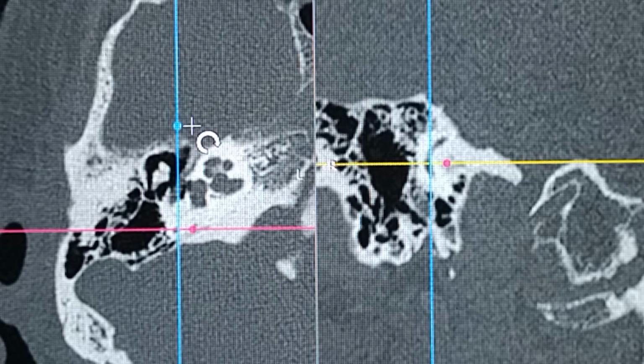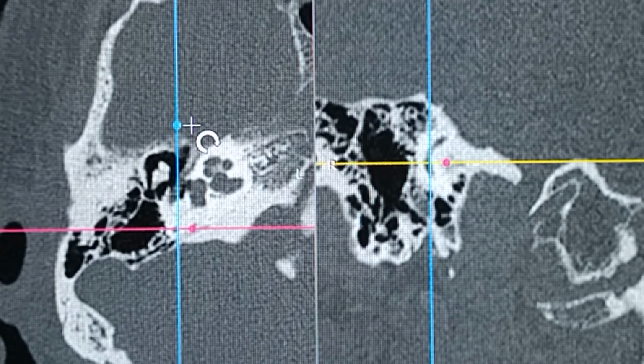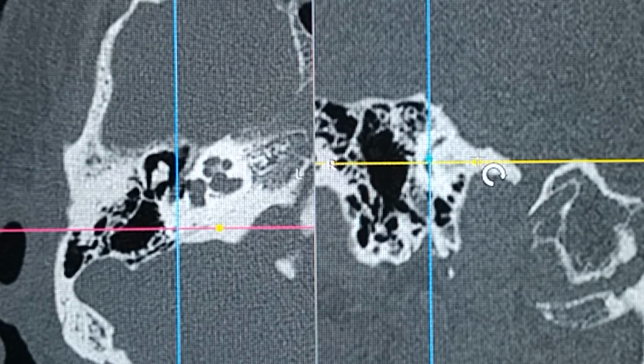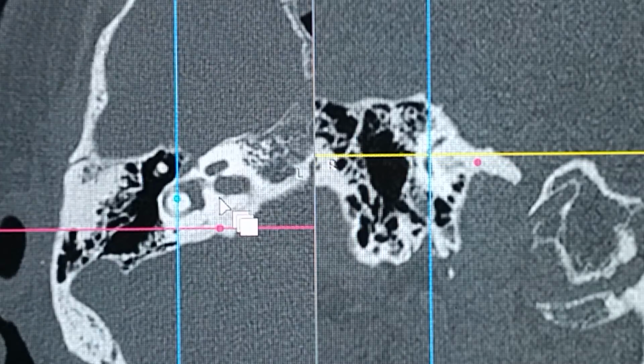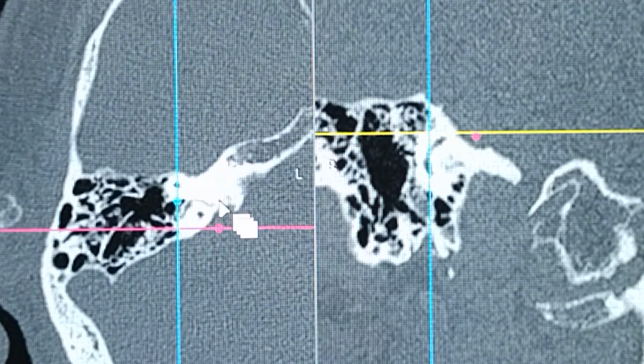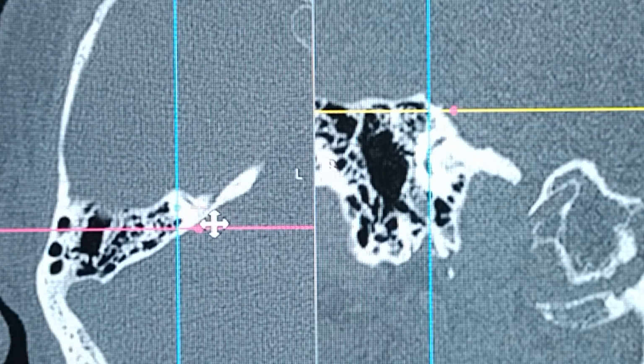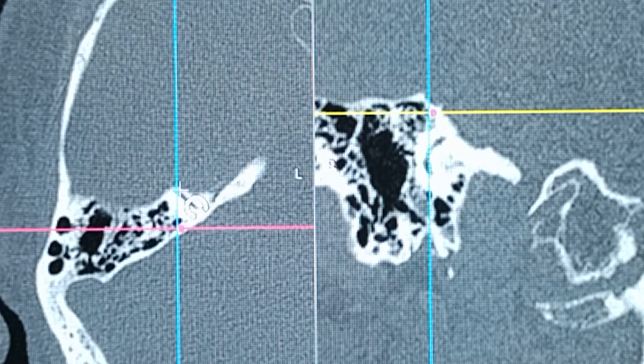So if you remember, I just sometime back spoke about the fact that on the coronal section, the most posterior canal will be the posterior semicircular canal. See, on the axial scan, when you go the most superiorly, you can see something like this. This is basically the superior canal.